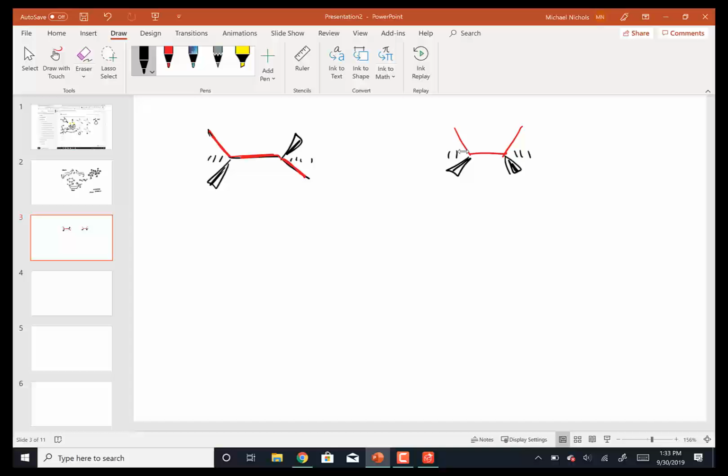And when you have it in the U-shape, the bold and dashed wedges are all pointing in the same direction, at least when they're attached to a carbon. So the one on the left is staggered, whereas the one on the right is eclipsed.